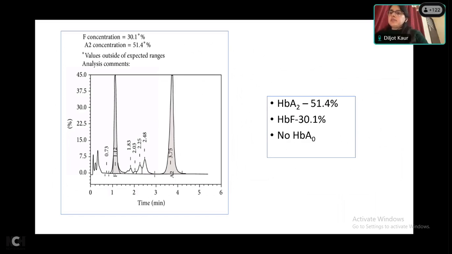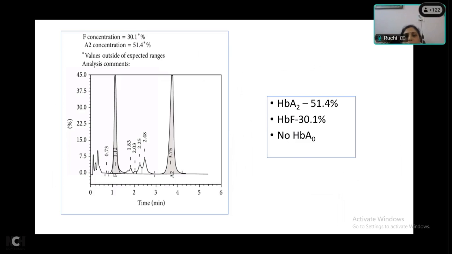So I was thinking it is a double heterozygous with HBE, then HB Iran, because the HbA2 value is 51.4 around. So HB Iran would lie in that category, and then along with thal beta. Right. So that is one DD.